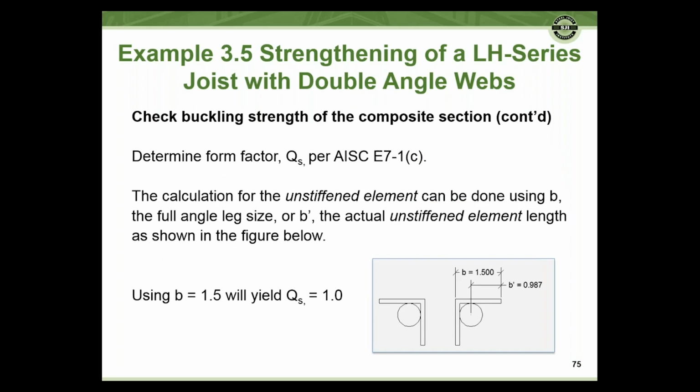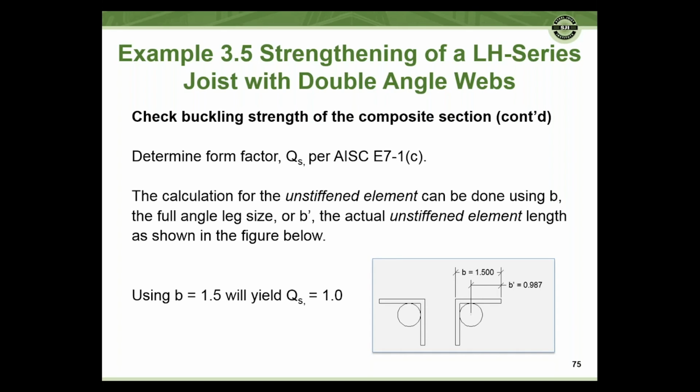Now, for members in compression, we do have to consider the Q sub s factor from AISC Chapter E, and we calculate that for the unstiffened element. We look at that 1.5 by 1 3/8. You could possibly look at b prime, your unstiffened element, as being 0.987, but be careful. Remember, you have a stitch weld.